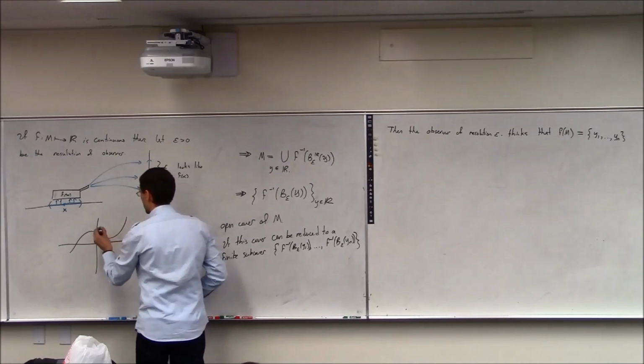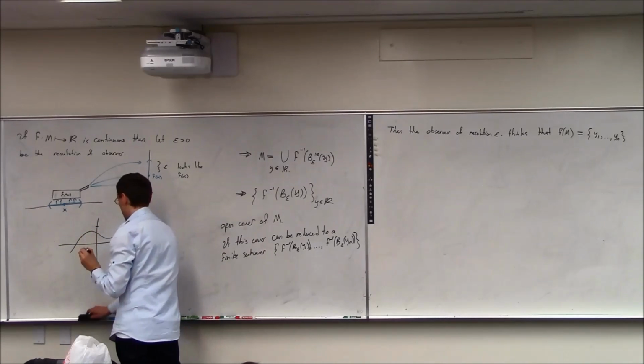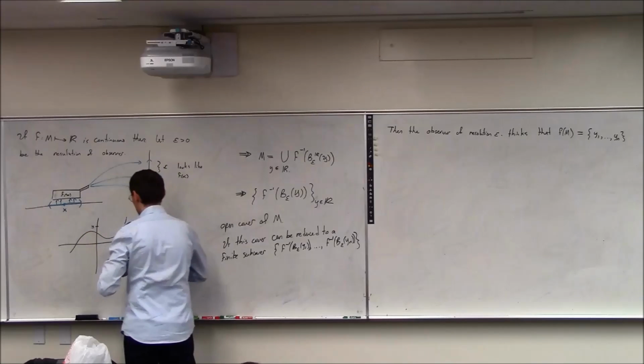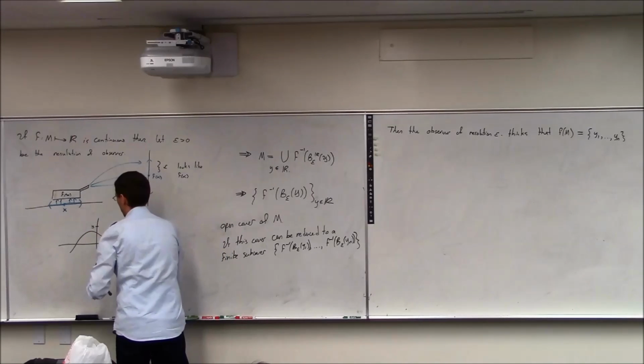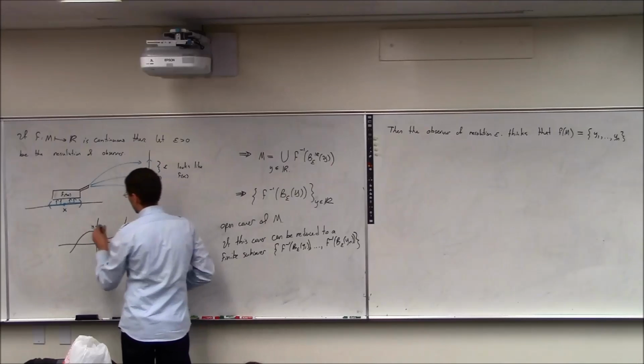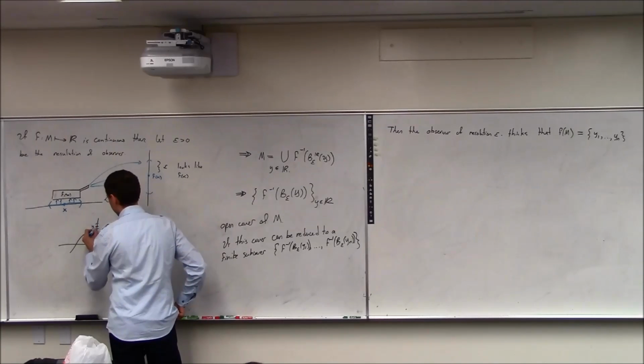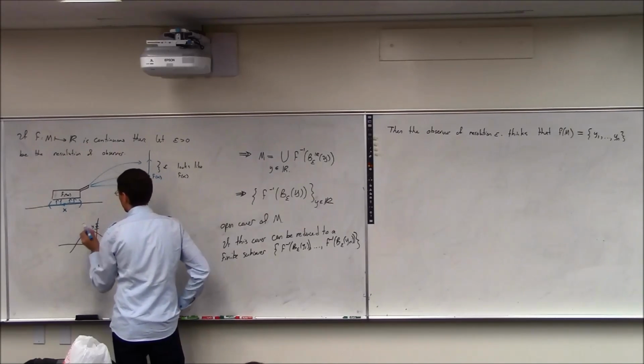let's say we look at this point y, and we see what's the preimage of radius epsilon.